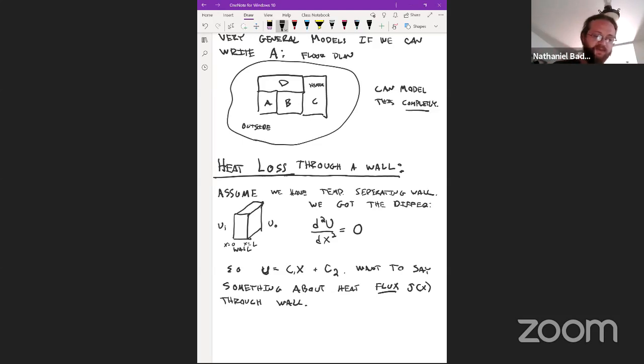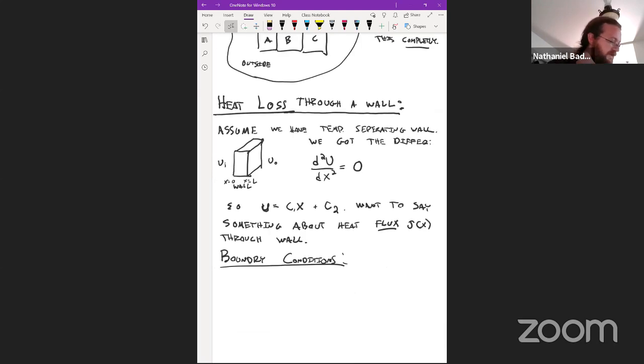But in order to make this precise, we need to actually specify some boundary conditions. So in this case, we're going to use the following boundary conditions. U of 0 equals ui. The first boundary condition is that the inside temperature actually is the temperature inside.